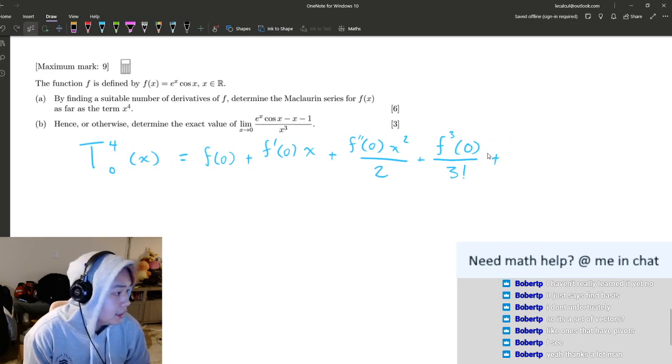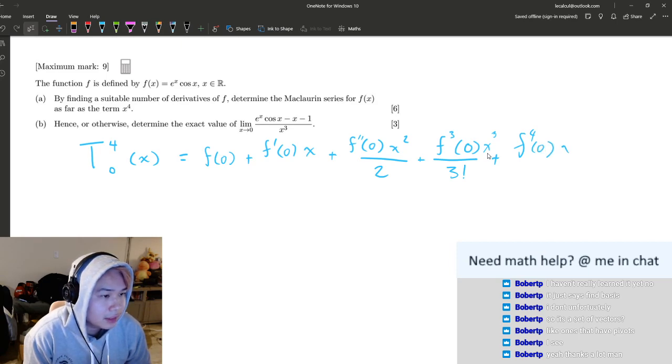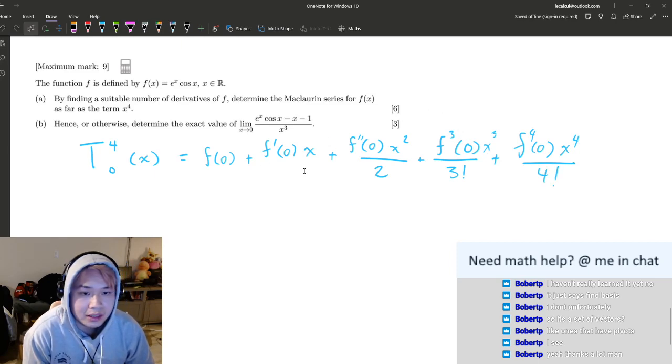And because they want specifically up to x to the power 4, fourth derivative at 0 times x to the power 4 over 4 factorial. Alrighty, so we need to find first, second, third, and fourth derivatives.